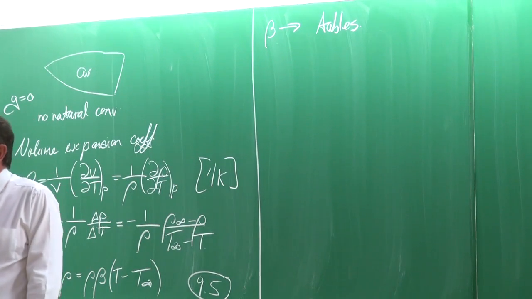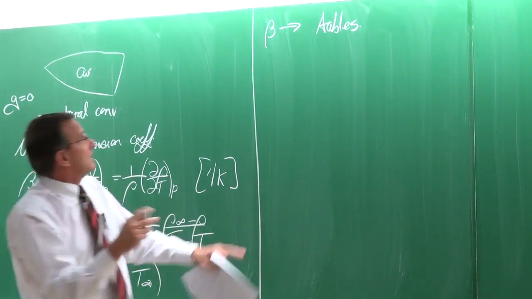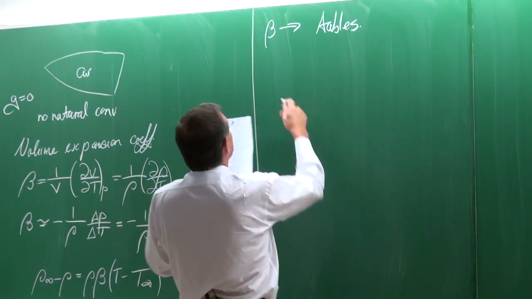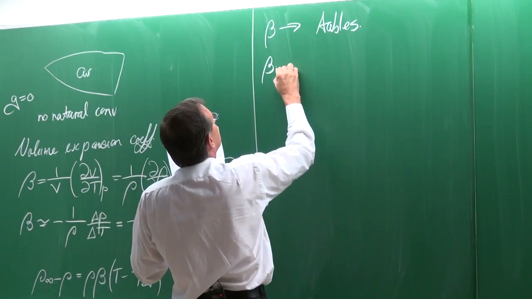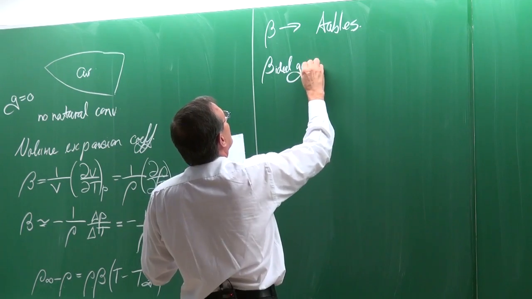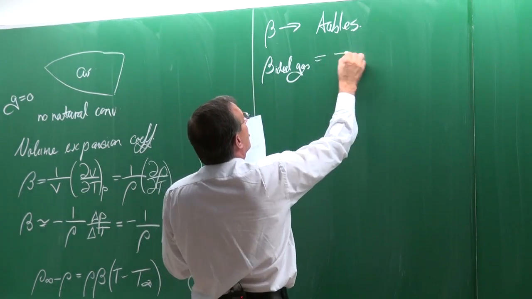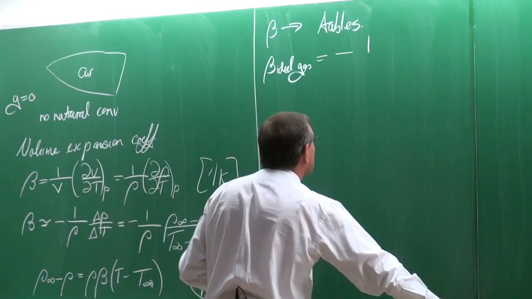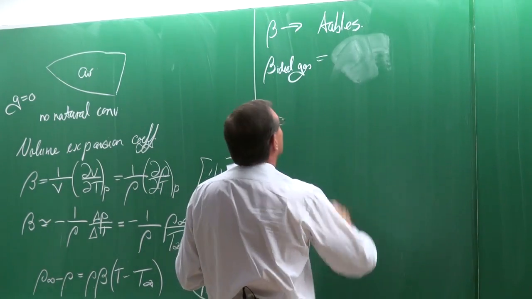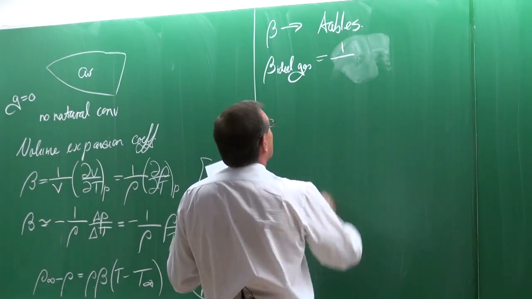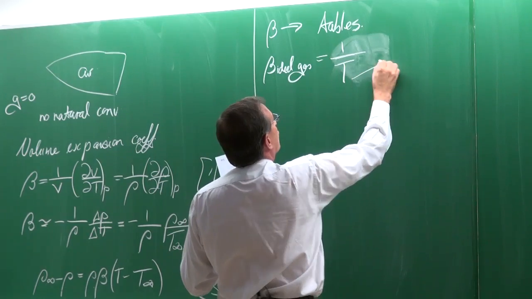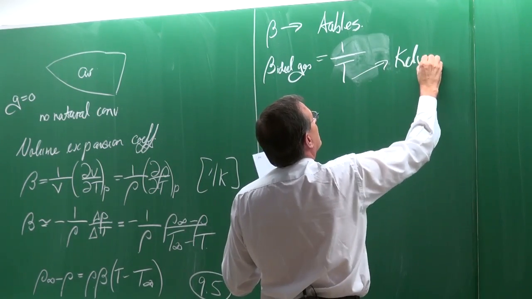However, very important, do not confuse it with the fact that beta for an ideal gas is approximately 1 divided by the temperature. And this temperature, of course, must be in Kelvin.